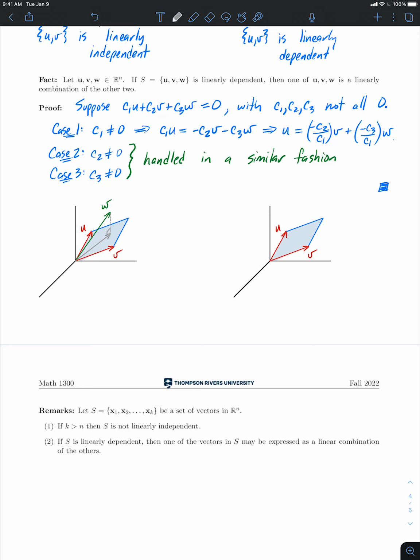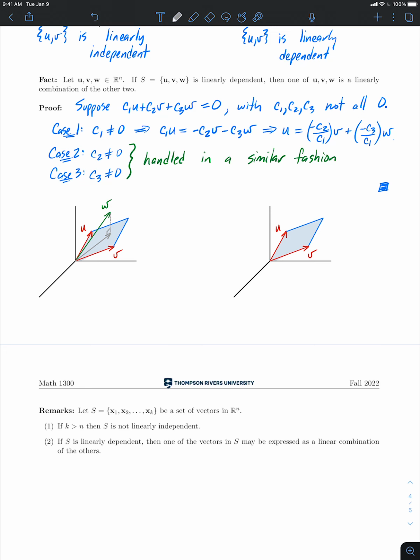I'm hoping that really captures the idea where this vector w shoots up at an elevation and away from the plane. It's not contained within the plane. So remember what the plane is that I drew: that plane that I shaded is the span of u and v, which is the set of all linear combinations of u and v.